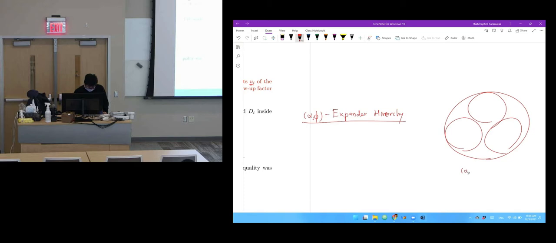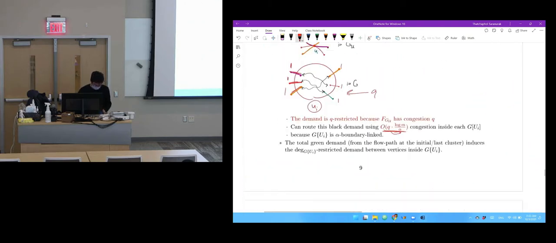So alpha phi decomposition, and you get U1, U2, U3, and then once you compute this, you contract. Once you compute this, you contract and you get some graph. And then given this new graph, you compute the decomposition again, you contract.